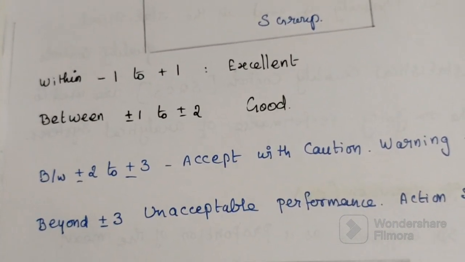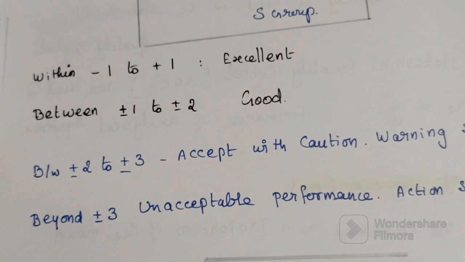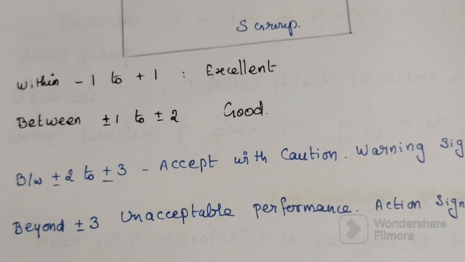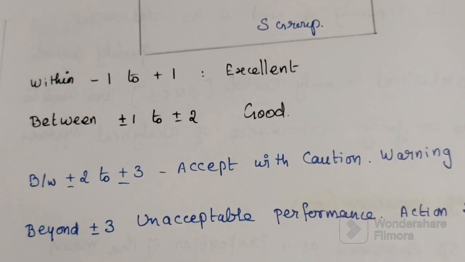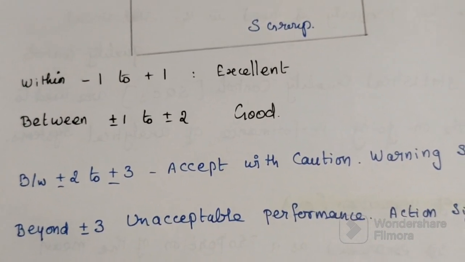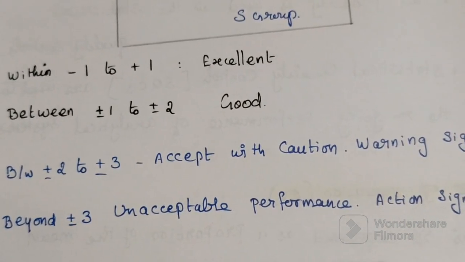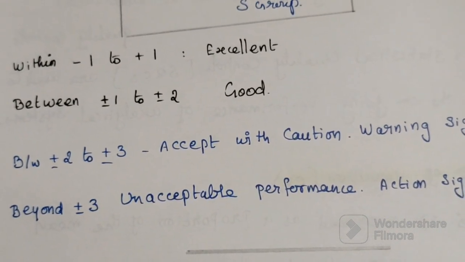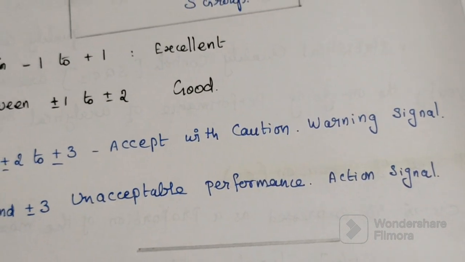So we use this for the external quality assessment scheme, external agencies. Here we can compare our result with the external assessment scheme. Our result -1 to +1 means excellent, +1 to +2 means good, +2 to +3 means caution, warning signal, but beyond 3, unacceptable.